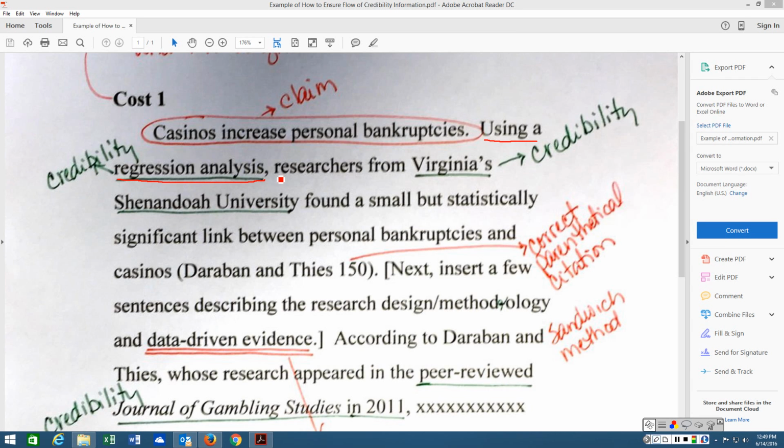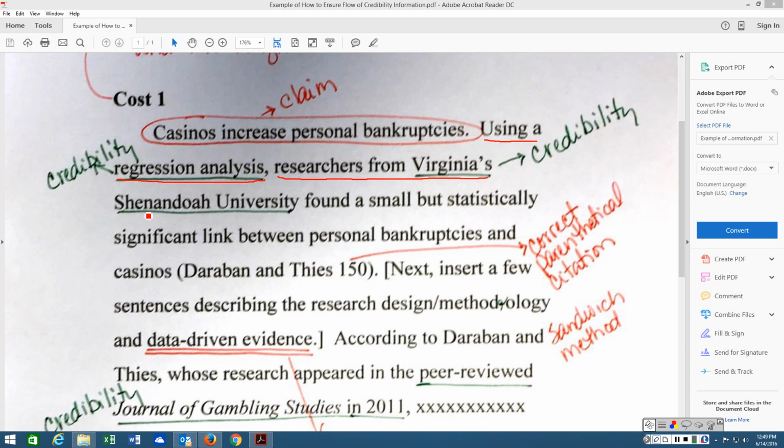And then next we say researchers from Virginia's Shenandoah University. This shows credibility in that university researchers tend to be perhaps less biased than you would find in a corporate organization or a think tank that has a certain political ideology, or some type of organization that represents certain corporate interests like an industry association.